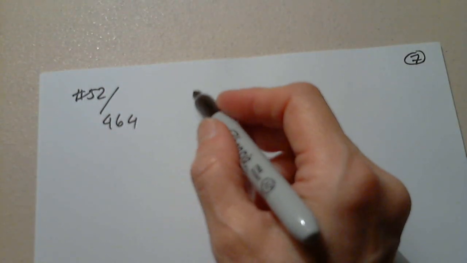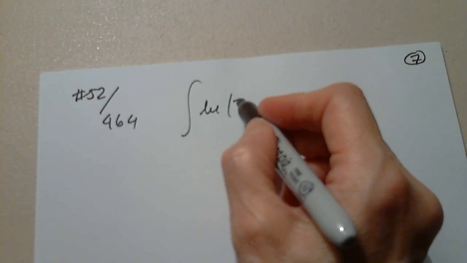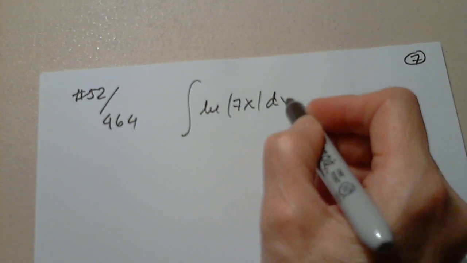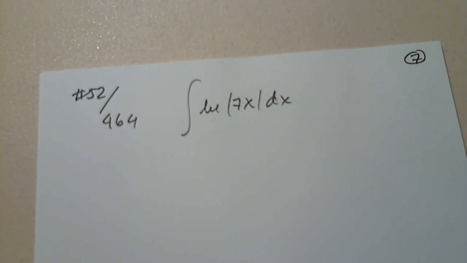52 on page 464. So we have the integral of natural log of 7x dx. Unfortunately, this is part of 4.6. It's integration by parts. We cannot do this one. Sorry. Integration by parts is basically when we integrate a product.